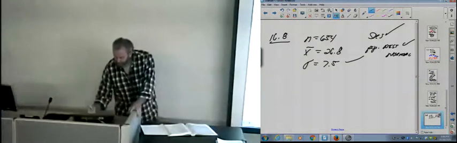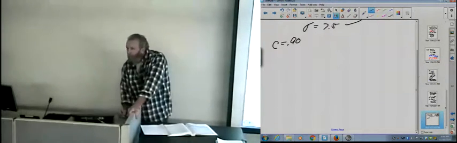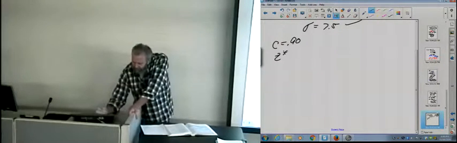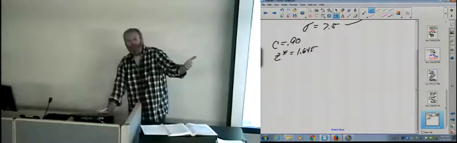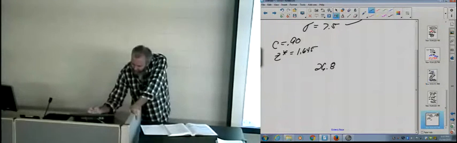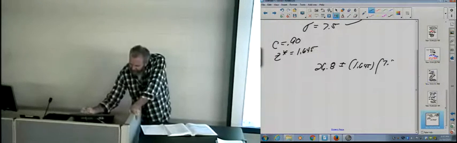Now, 90%. C is equal to 0.90. What do I need from that? In my little formula, I need z star, which is 1.645, right? I'm reading table C. So I'm going to have 26.8 plus or minus my z star times my standard deviation over the square root of my sample size.